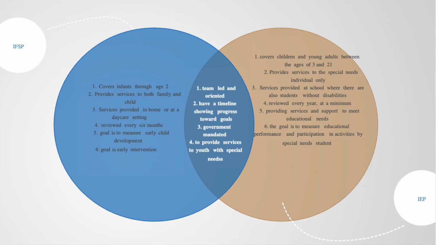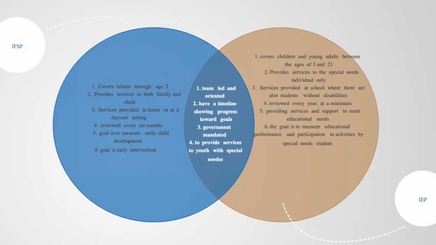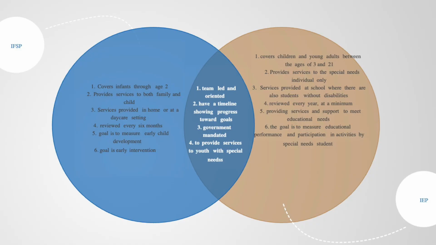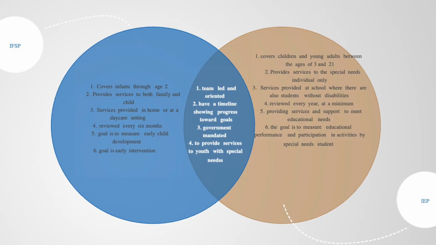So those are some very key distinctions, because when we get to IEP, you're going to see that this program covers children aged 3 to young adults aged 21 and provides services solely to the special needs individual. And these services are provided in a school setting.